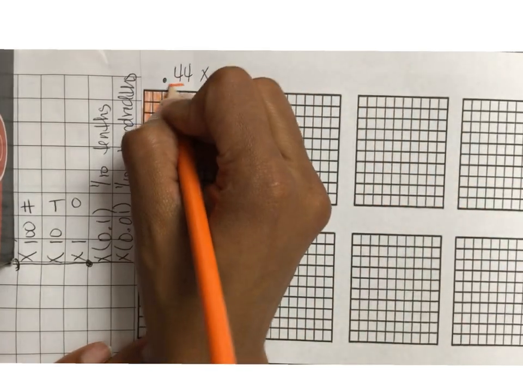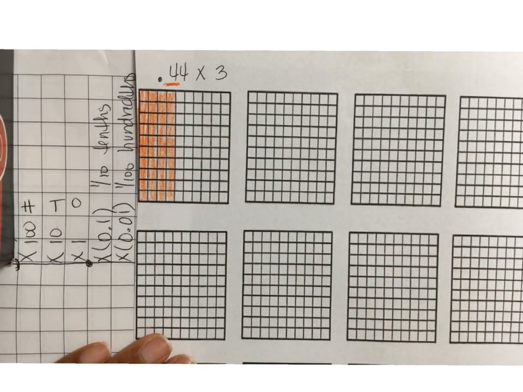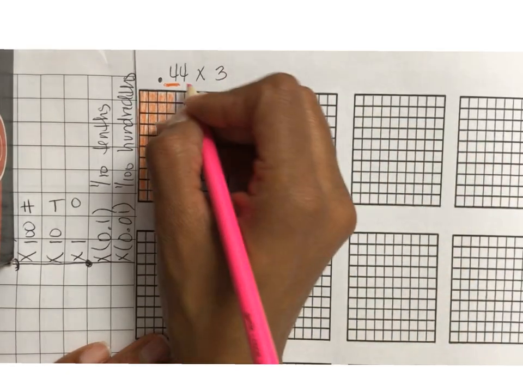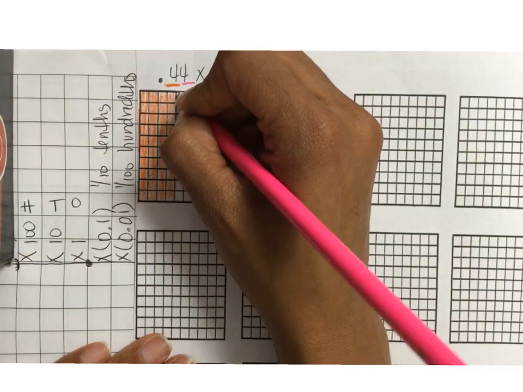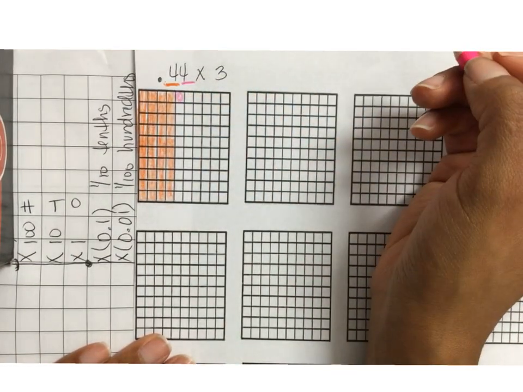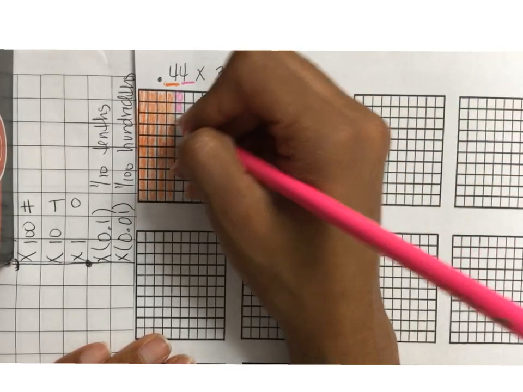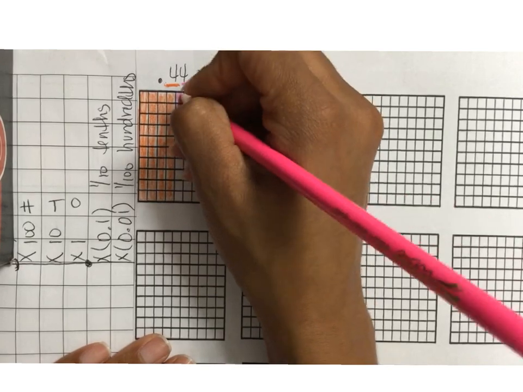I just got done representing the 4 in the tenths place value. Now I need to represent the 4 in the hundredths place value, which would be this one. And that would be the squares. 1 hundredth, 2 hundredths, 3 hundredths, 4 hundredths.